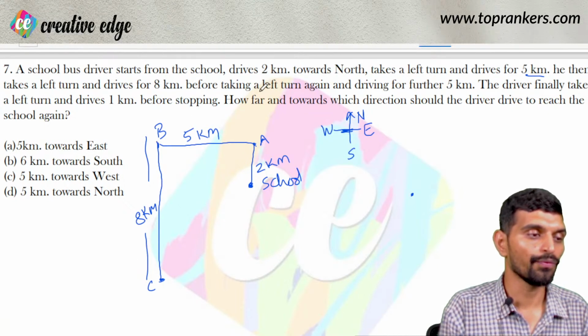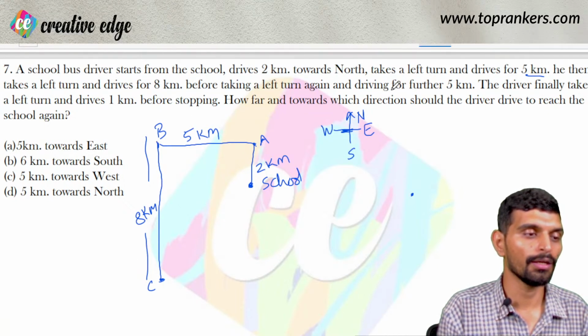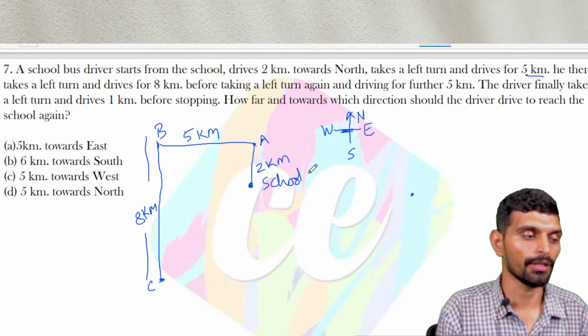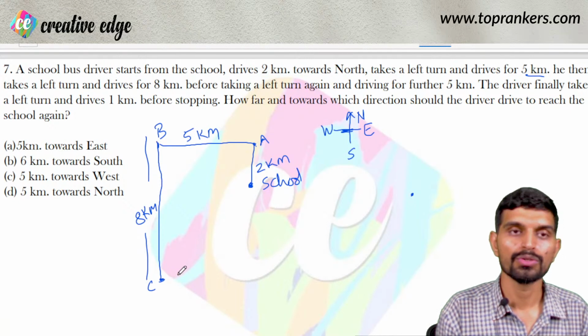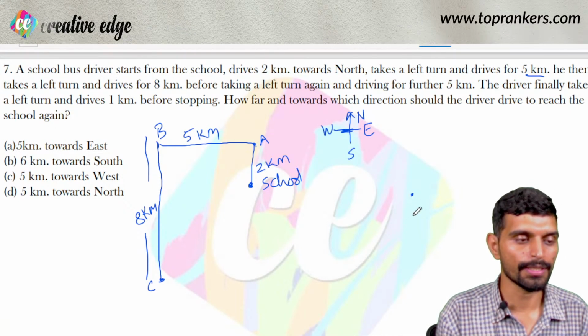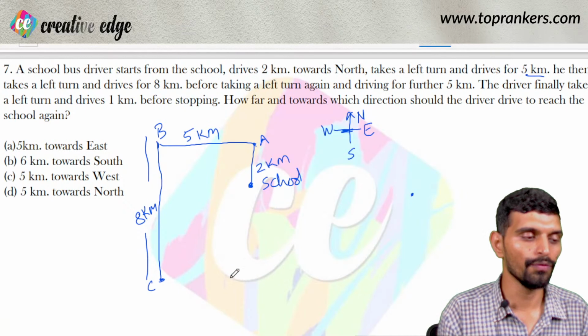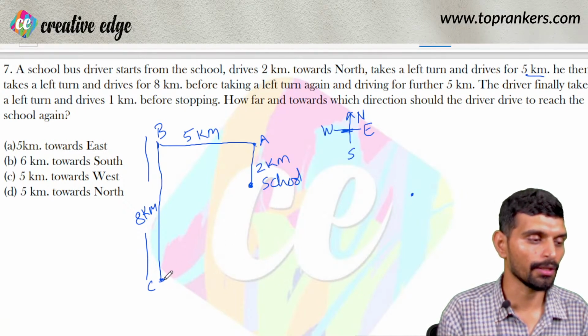Then he again takes a left turn and drives a further 5 kilometers. If a person facing south takes a left turn, he'll move towards east, and he drives 5 kilometers.